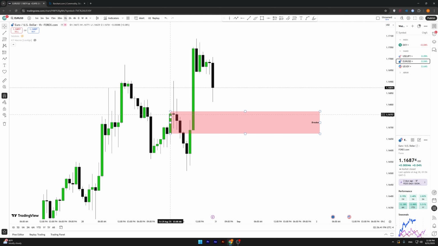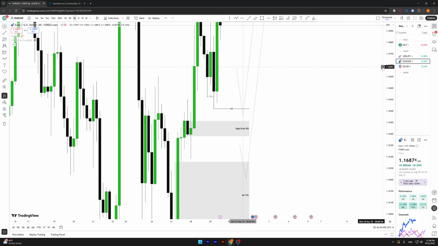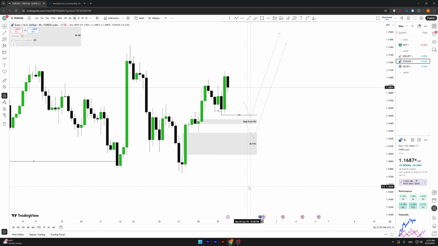So this becomes our breaker and it overlaps with the FVG. So this becomes our high probability PY. We can expect a bullish move from this zone or from these two zones. I will wait for my entry model to form in these three zones, one in the 1 hour time frame and two in the 4 hour time frame.